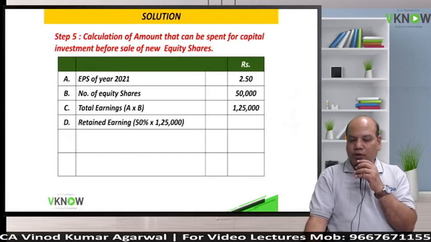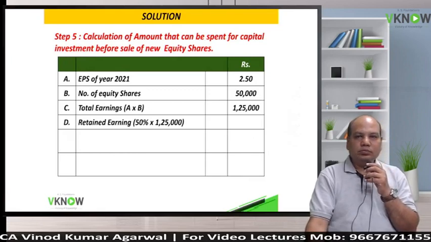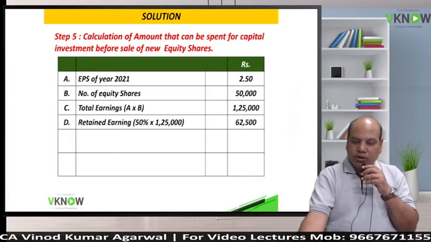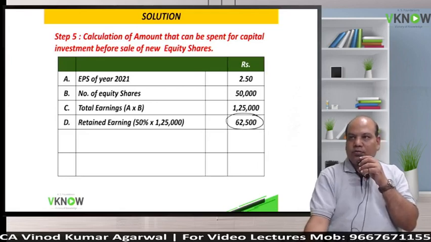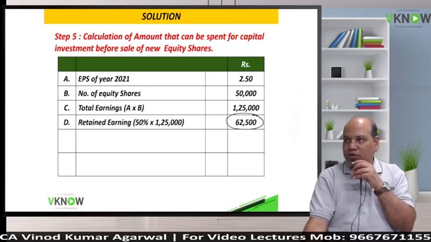50% of 1,25,000 is how much? Yes, come on, everyone. 62,500. Now many students make a mistake. They write this as an answer. This is not the final answer because company will use other sources of finance also. They want to maintain a proportion of equity, preference and debenture.